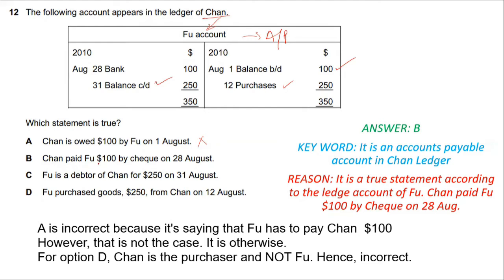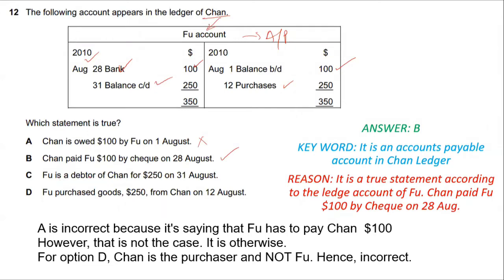Chen paid Fu $100 by check on 28th August. Yeah, this is true. 28th August, bank $100 paid. So B is true. But we will go through options C and D as well.